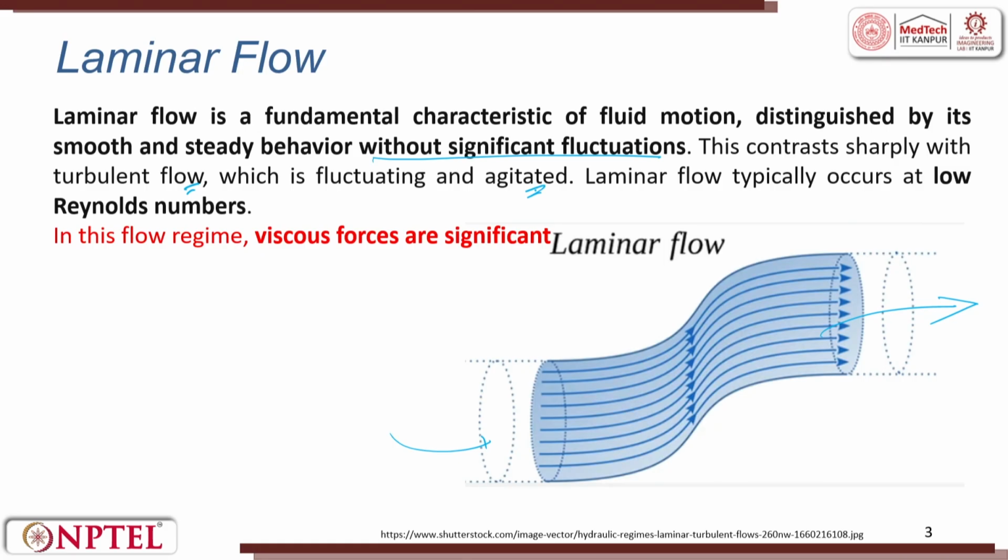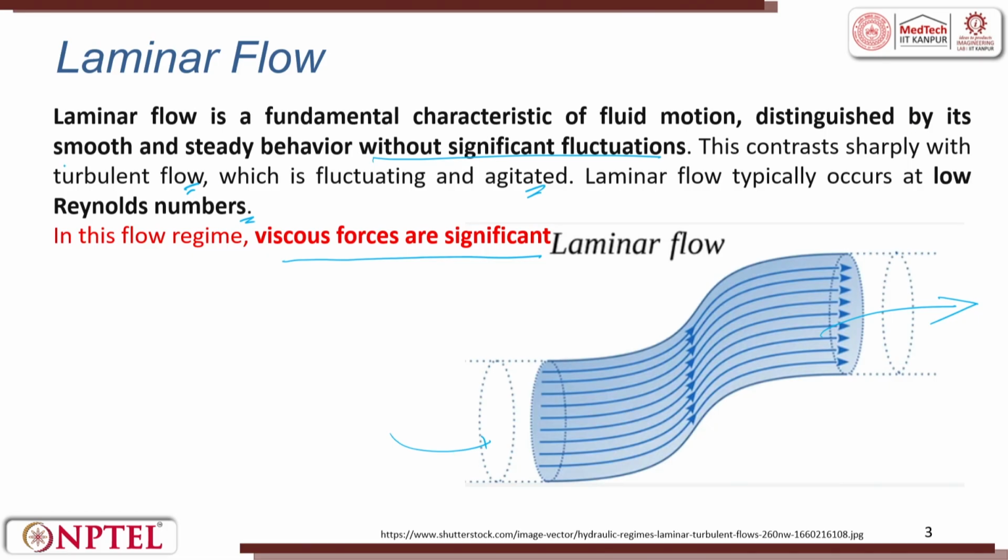I said when a river is flowing and there is a rough river flow, then you see agitation in the flow. So the laminar flow typically occurs at low Reynolds number. We will see what is Reynolds number by the end of this lecture. Reynolds number is an evaluation parameter for the flow, right? In this flow regime, viscous forces are significant. Okay? So this is laminar flow.